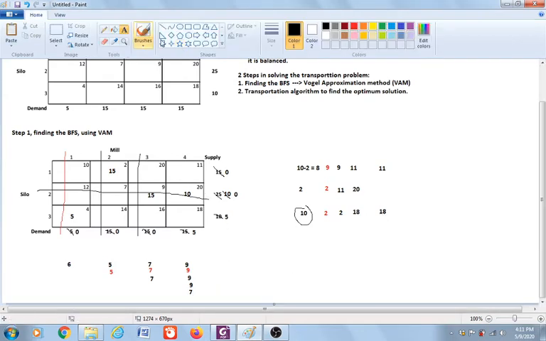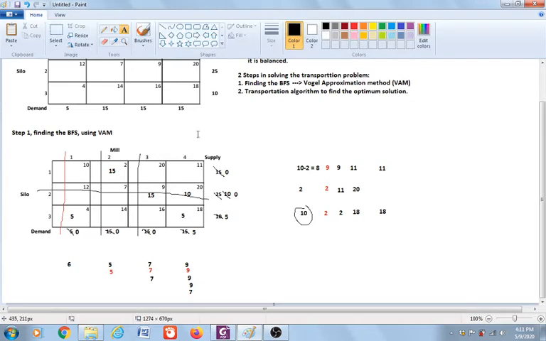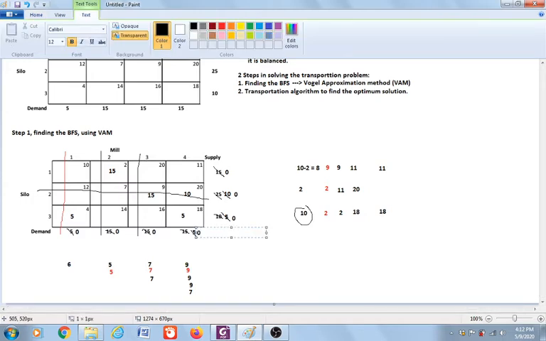It is 5, so I can allocate 5. Okay, so I will fulfill this one. I have 5, I give 5, so I have 0. And they ask for 5 more, but I give them 5, so there is no more, so it's 0.